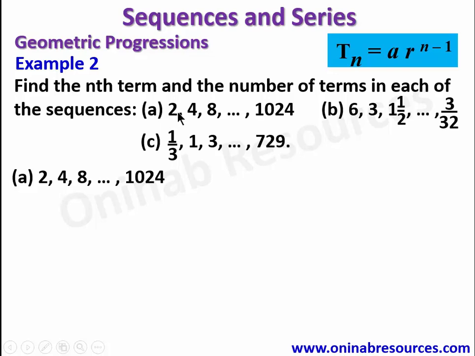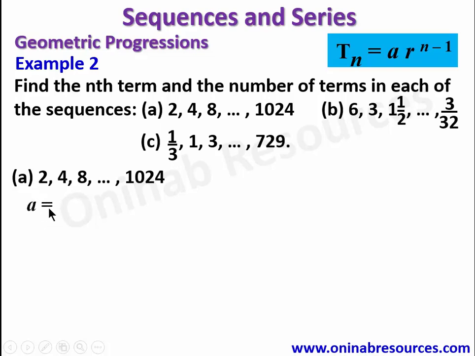If you look at it, 4 divided by 2 gives 2, 8 divided by 4 gives 2. So if you use the formula for calculating the common ratio and it gives you a particular value for all of them, then you know that this is a geometric progression. So we now go ahead with A.